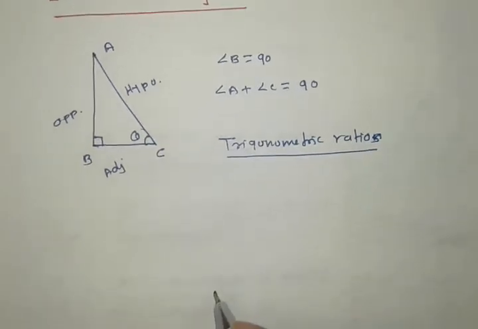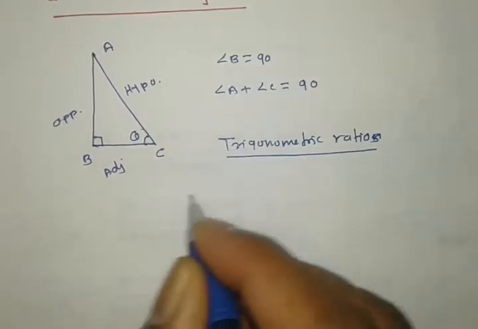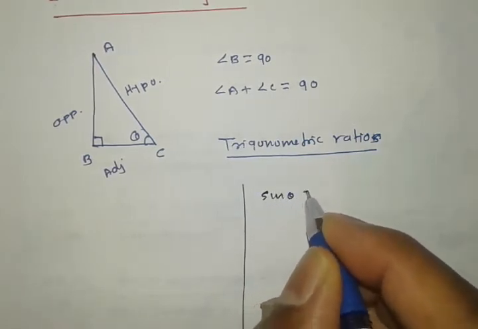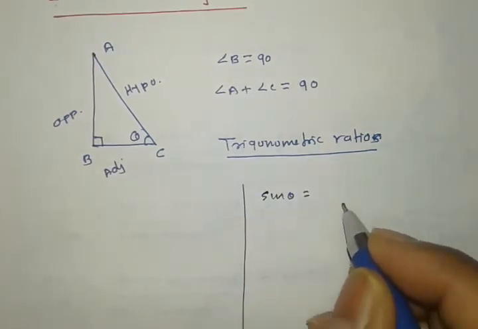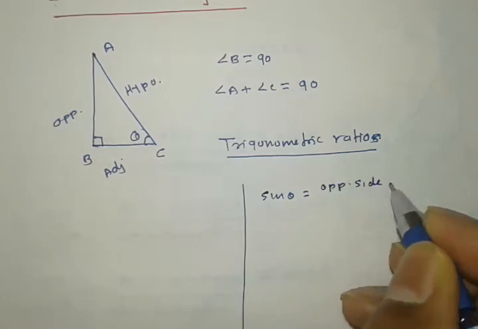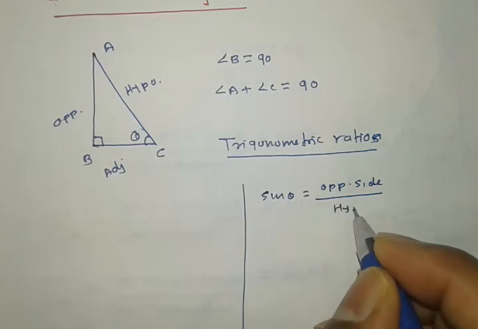First one is sin theta. The formula of sin theta is opposite side upon hypotenuse.